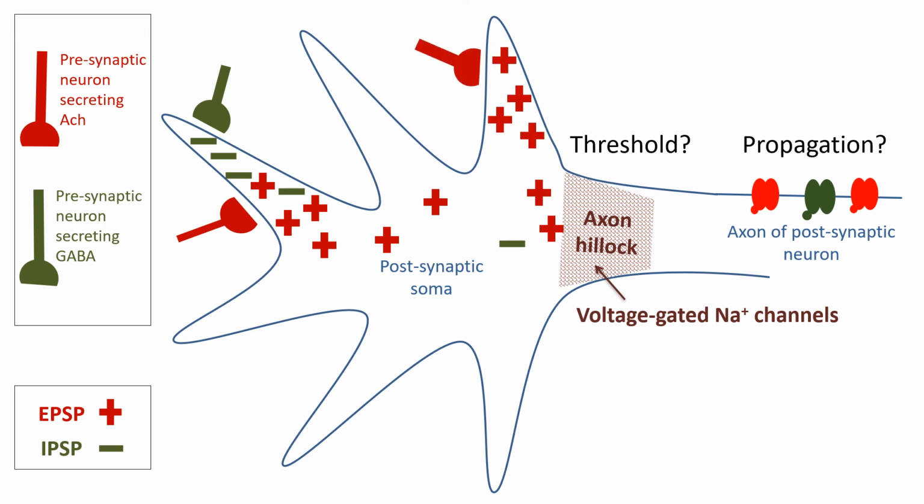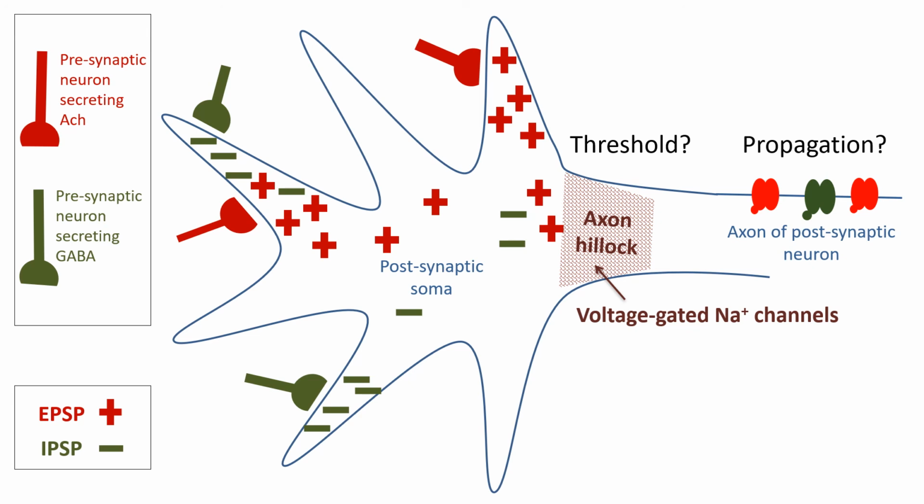Oh, but now we have another EPSP. So we've got more pluses coming in, more depolarization, and guess what? It's a bit closer to the axon hillock. So it's going to have a bit more effect. It's going to remain stronger longer. But then we have another IPSP.